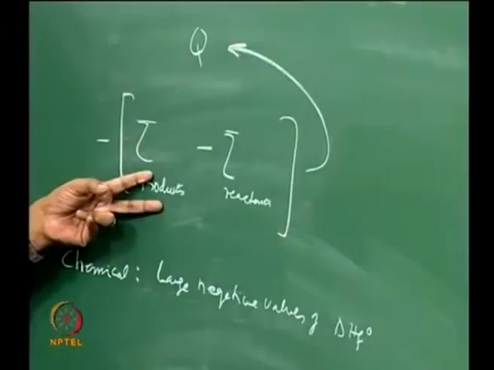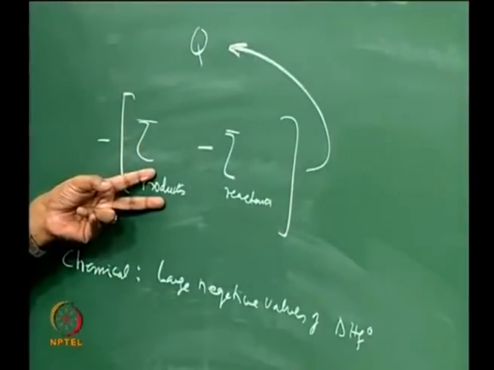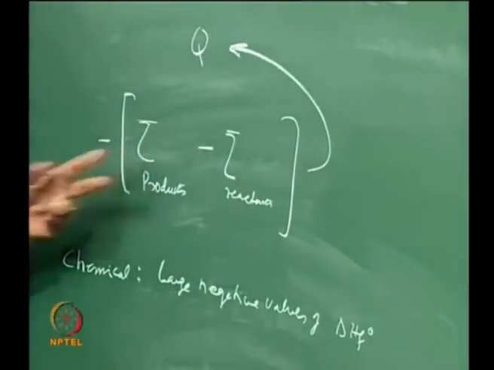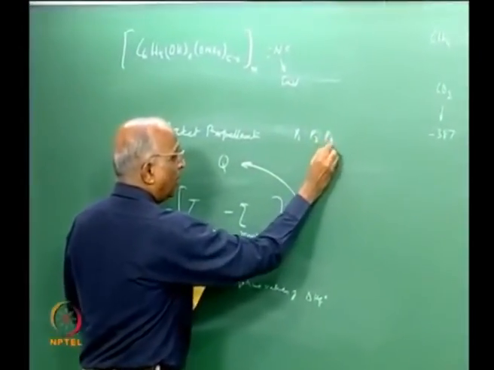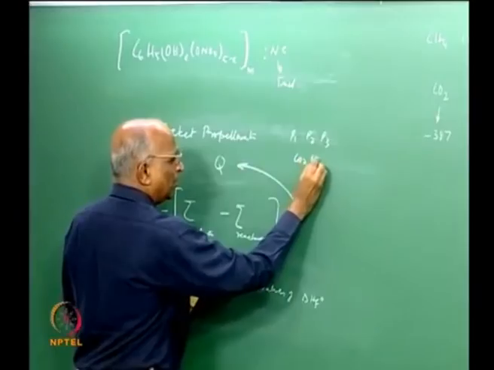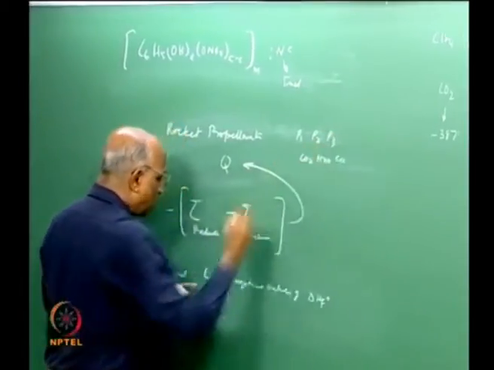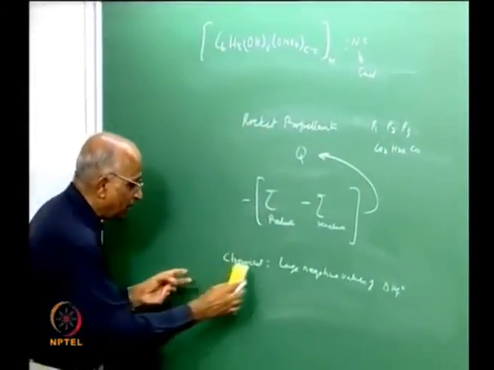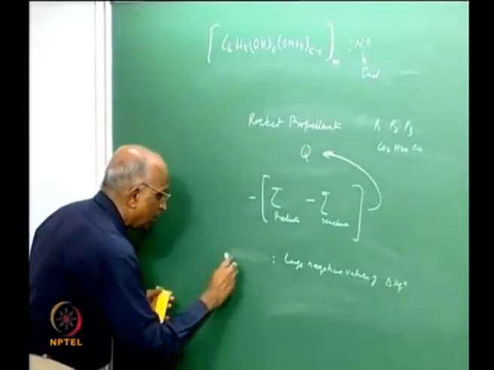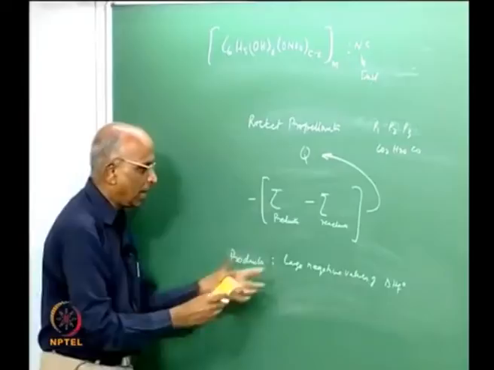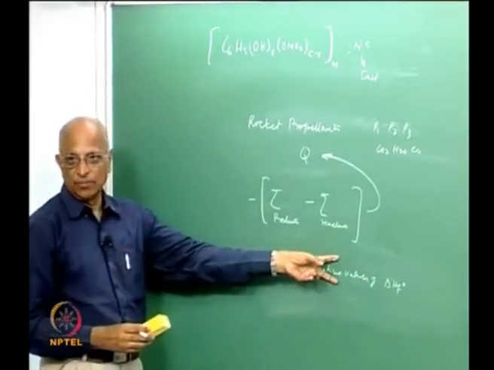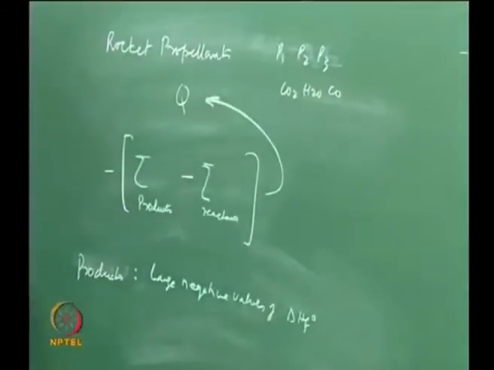Mind you, what do I say products? By products I am not talking of chemicals, I am talking of maybe P1, P2, P3, or rather I am looking at CO2, H2O, CO. What are the products formed? The products must have, I should write this as products, having large negative values of heat of formation. Is it okay?